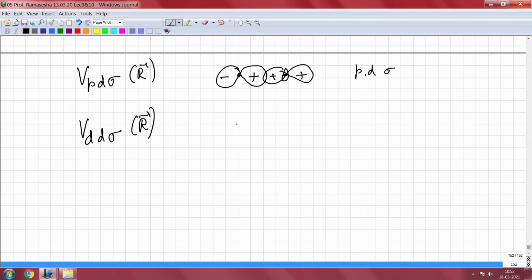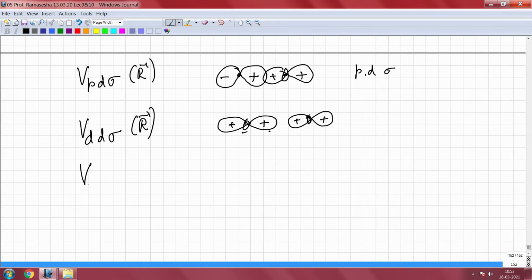The DD sigma will be the following. I have a d orbital, and then another d orbital, and this is the interaction between these two d orbitals via a potential, VDD sigma of r.